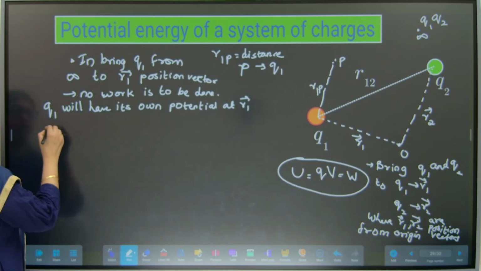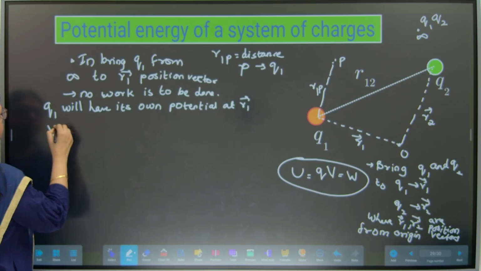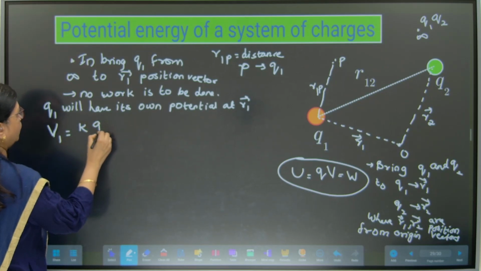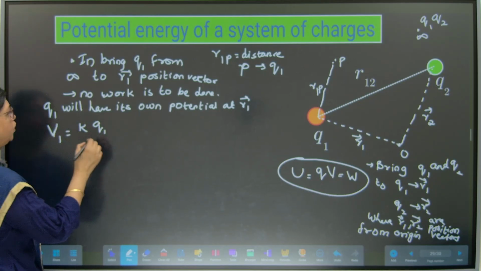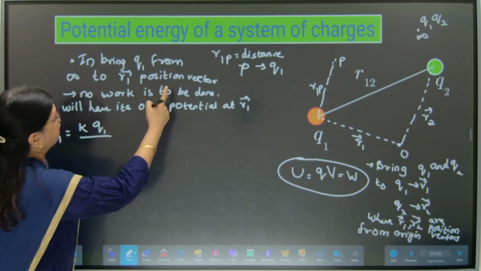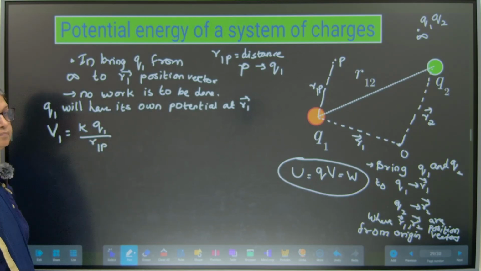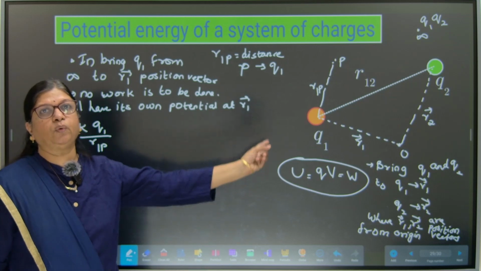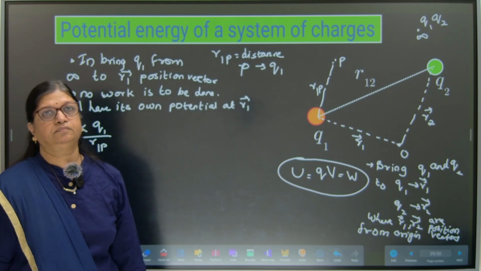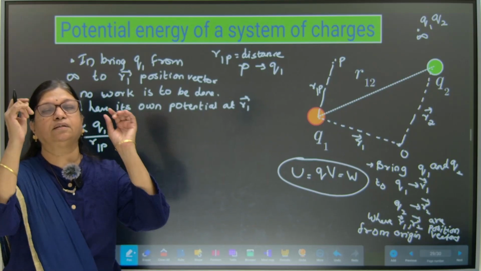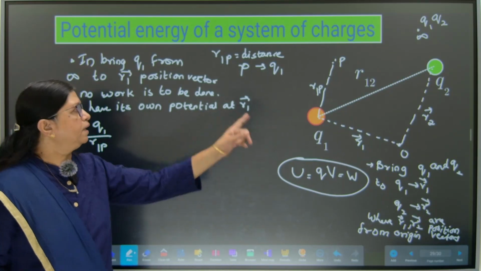What is that potential? V1 is equal to K Q1 by R1P, it is Q1's potential. And the distance I just mentioned is R1P, the distance between Q1 and P. So this is the potential Q1 has created when it came to this position.